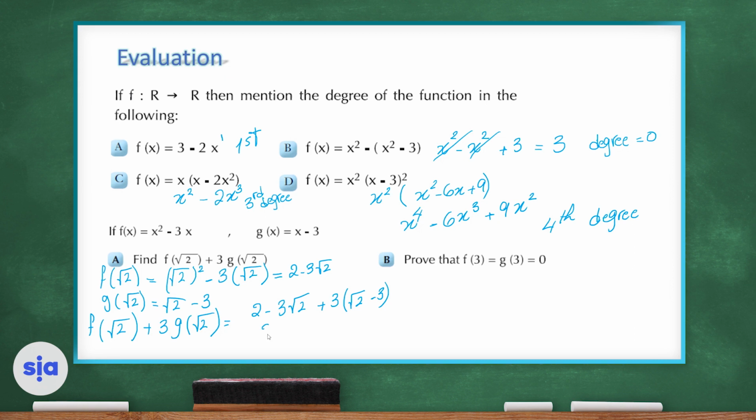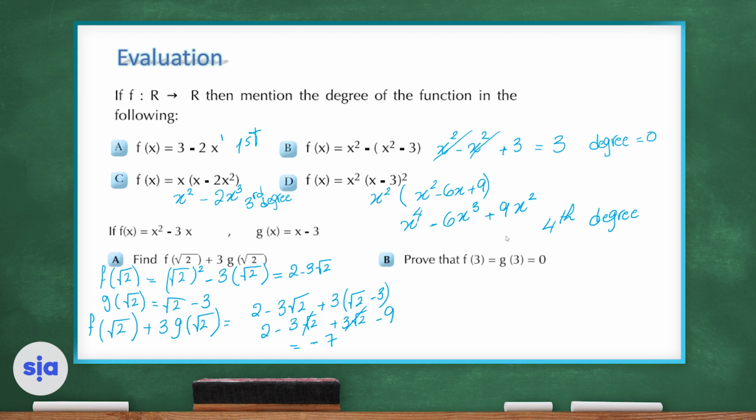So here it will be 2 minus 3 root 2 plus 3 root 2 minus 9. If you simplify this, it will be minus 7 because these two are going to be crossed out together.